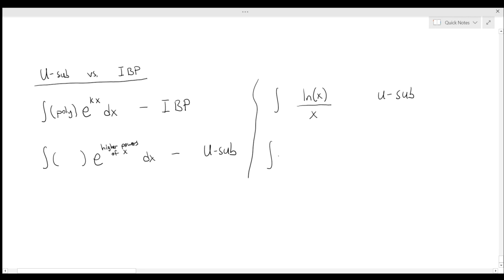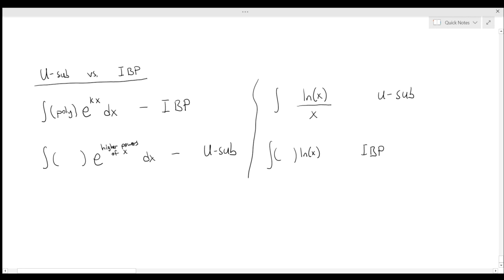But if you have a natural log and you don't see its derivative, 1 over x, somewhere in the integral, it's going to be integration by parts instead.